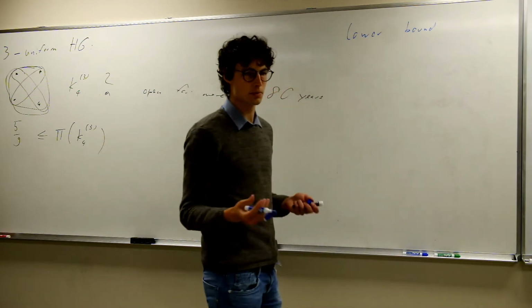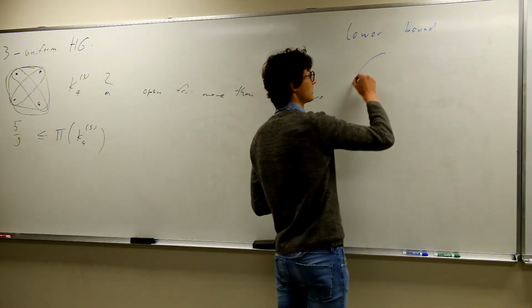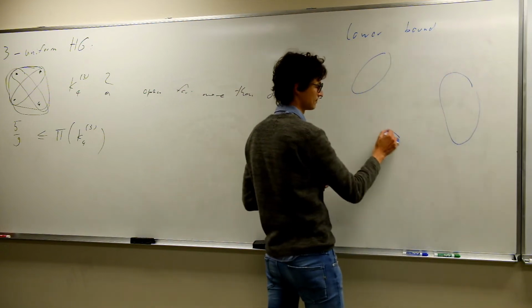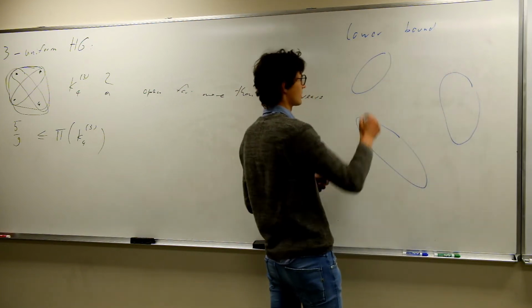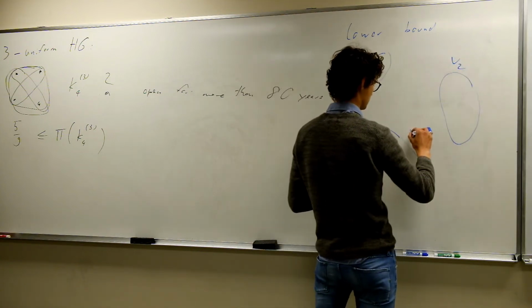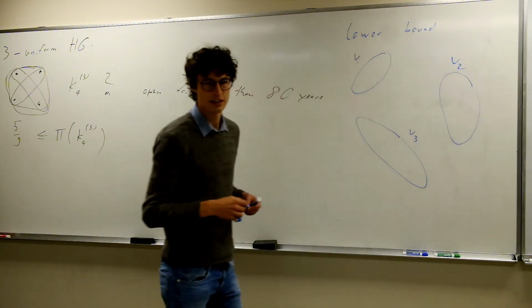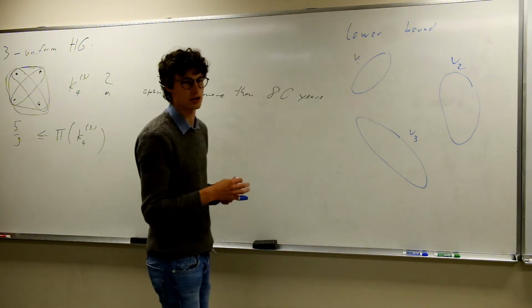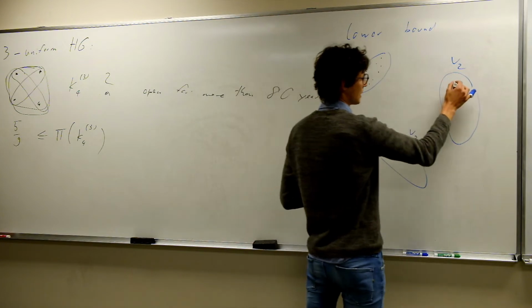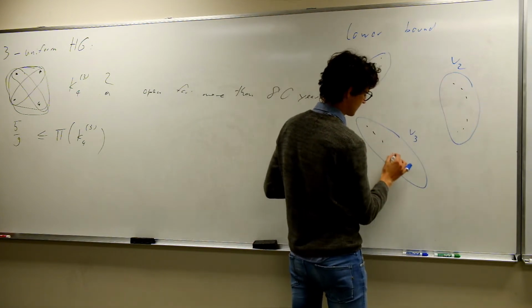I like to group my vertices into 3 more or less equal sized parts. Let's call them V1, V2, and V3. Now I ask what kind of edges I want to plug into this graph. Here I have a bunch of vertices.